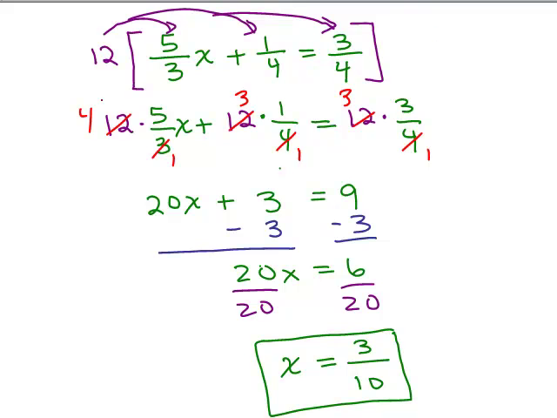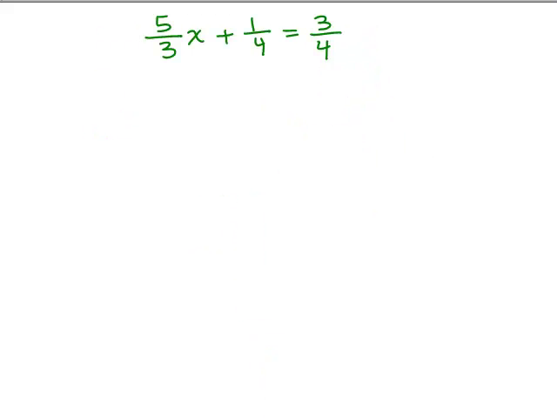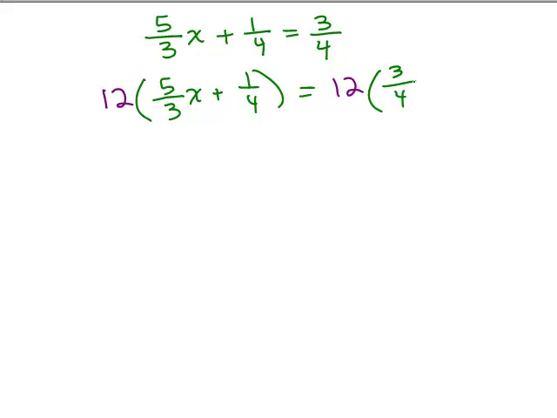The more orthodox way you'll see multiplying both sides of the equation by 12 in regular textbooks looks a little bit different. So here it is. If you want to multiply by 12, often books will show it like this. They'll put, I'm going to do 12 times the left-hand side, 5/3 x plus 1/4 equals 12 times the right-hand side. Or you could, of course, just use a times sign, not use parentheses.